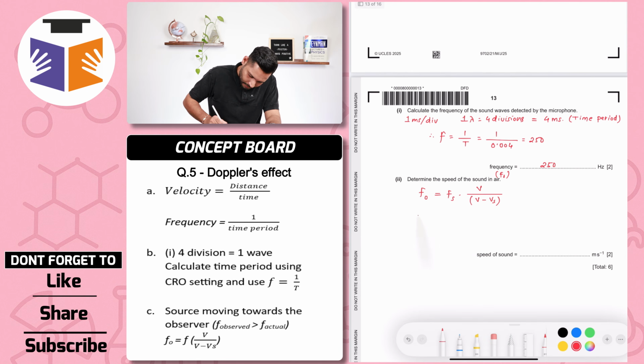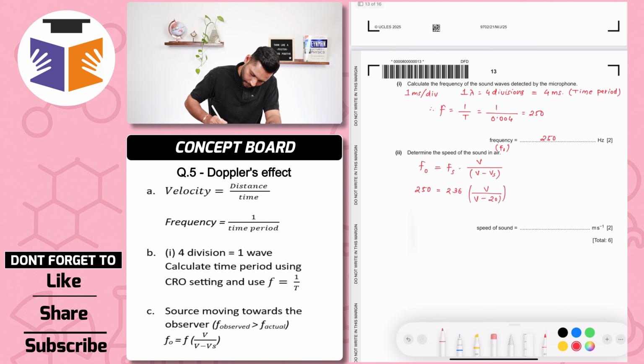So the substitution would be 250 is equal to 236 v upon v minus 20.